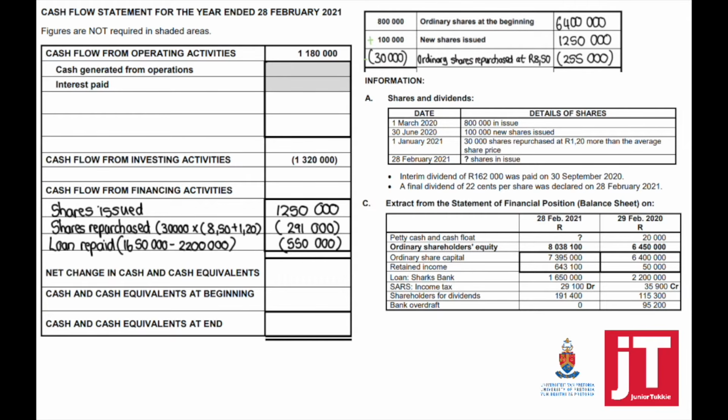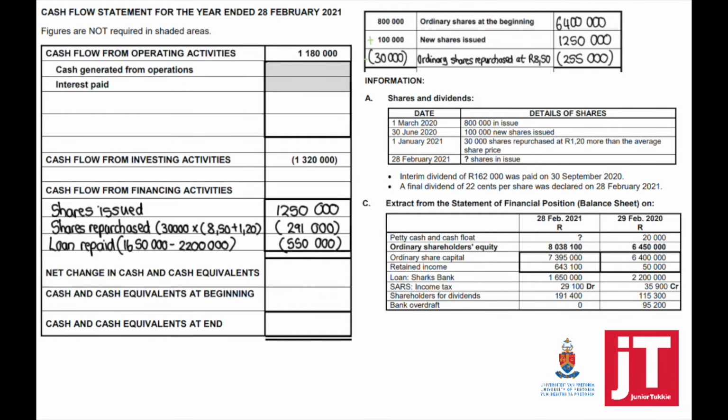Also, another point to remember, when we're looking at the loan repayment, it's always the capital amount. The interest paid is shown as part of the operating activity. The capital repayment of the loan forms part of your financing activity.